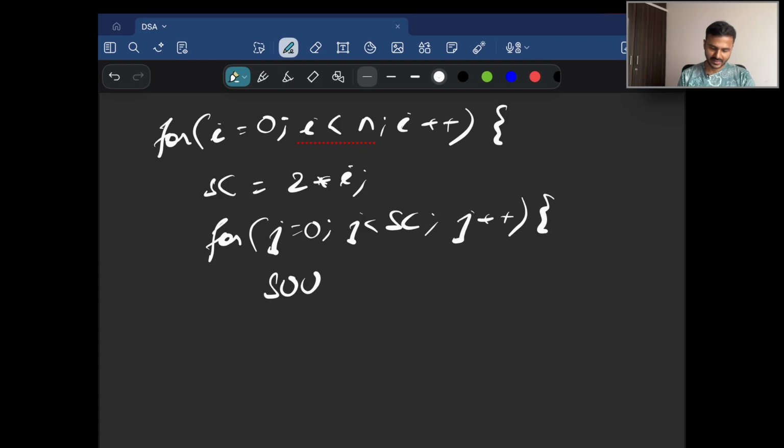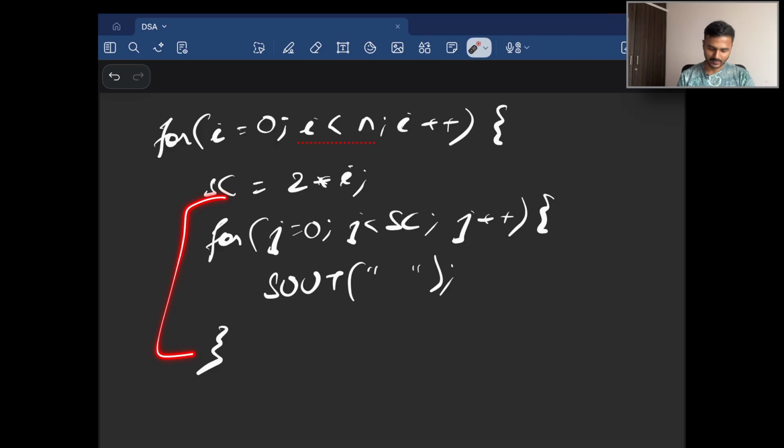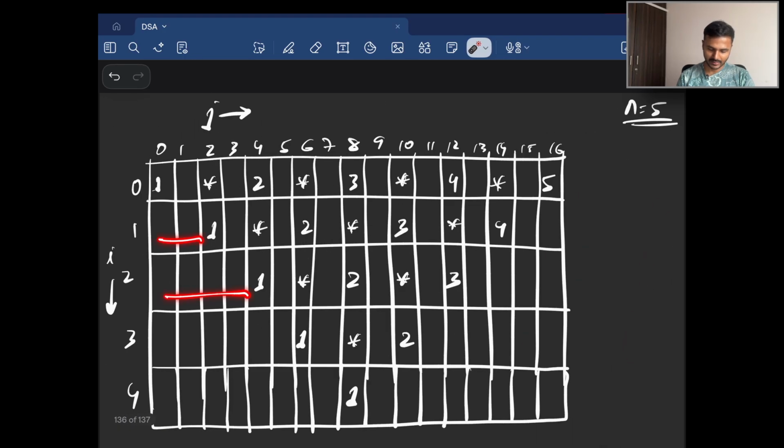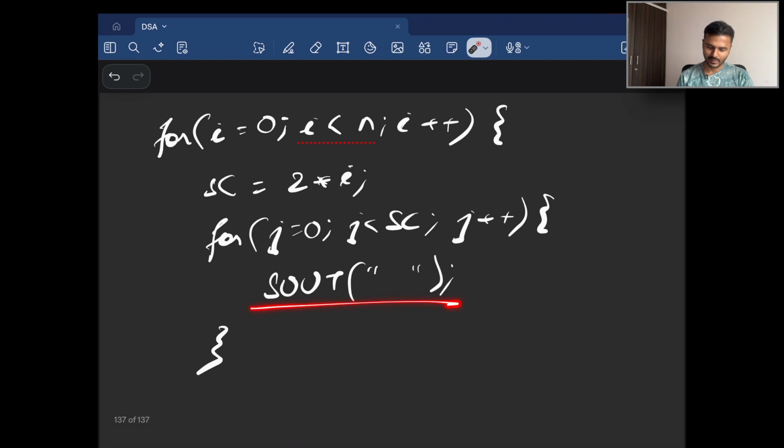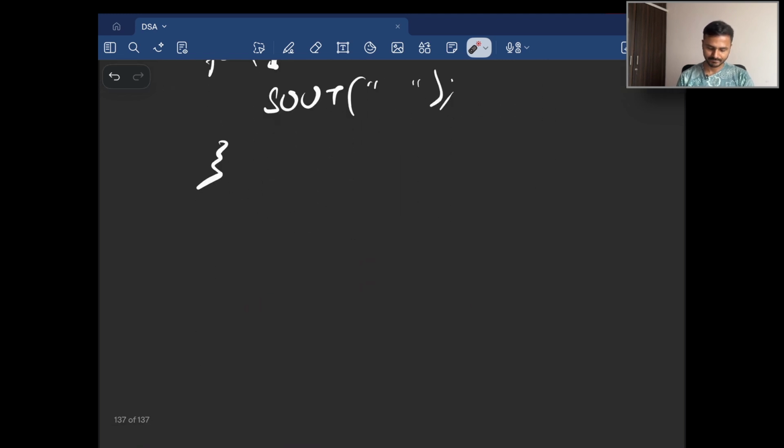And in each iteration, we can just print a space, right? So this would take care of printing the required number of spaces. And then we will leave the cursor there, right? Because we are supposed to continue from there and print the remaining portion of the row, right? And that is why we are putting system.out.print.